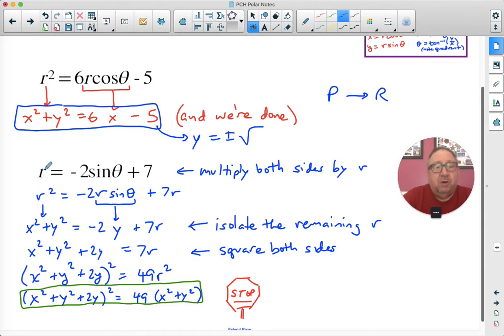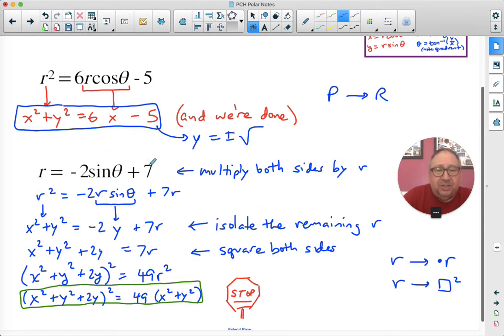But r doesn't work nicely; r squared works better. There are two ways to turn an r into an r squared. One is to multiply by another r, and the other is to take whatever you have and square it. Multiplying by an r gets me r squared. Squaring it gets me r squared.